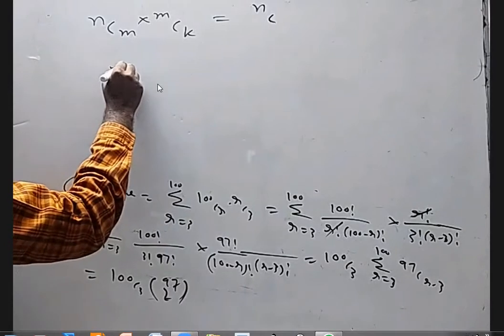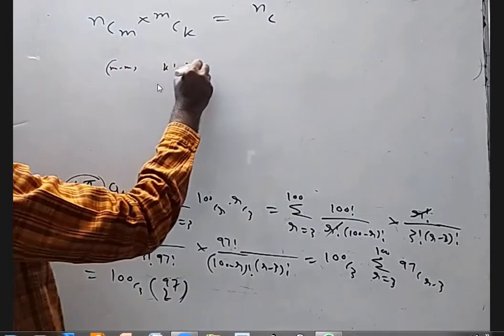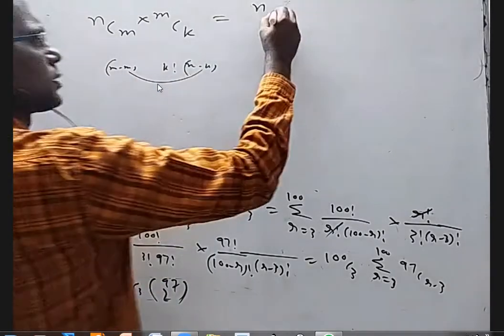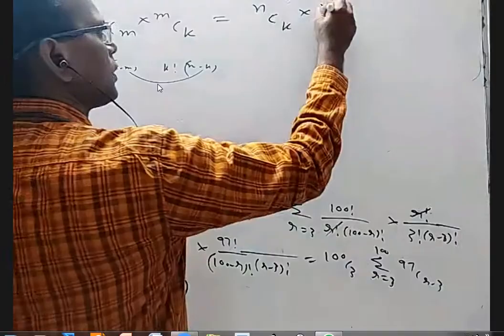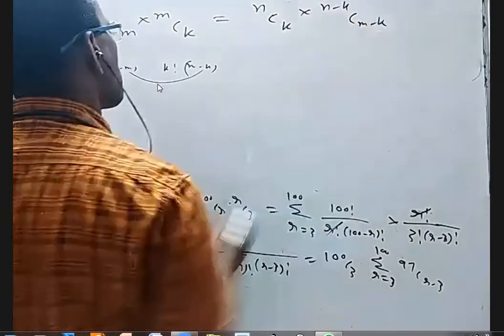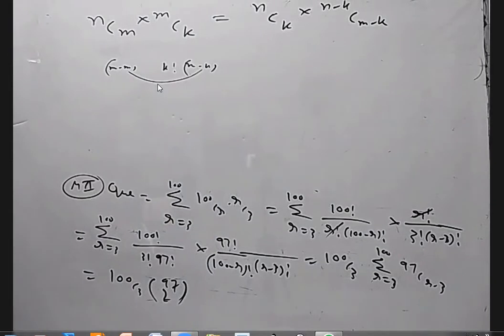I will be left with N minus M here, K here, M minus K here. This is N minus K. So NCK, (N minus K) C (M minus K). Or you can even write N minus M.